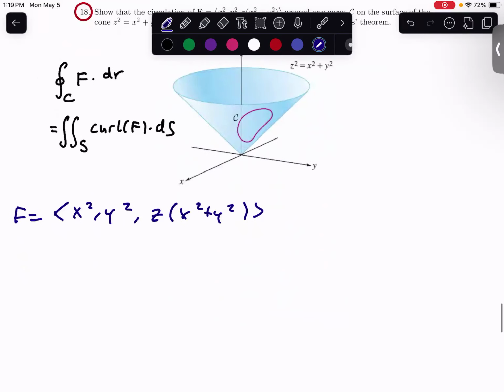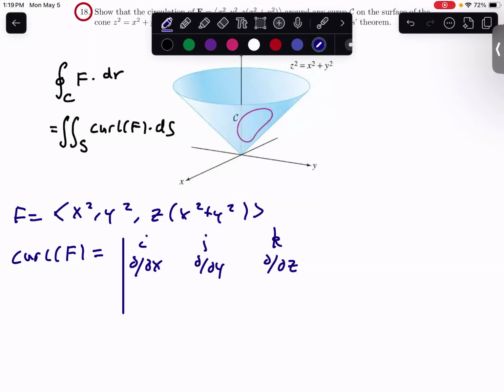If you compute the curl of F, that's going to be of interest to us if we want to use Stokes' theorem. The curl of F, as a reminder, is the following determinant. You do the partial with respect to x, partial with respect to y, and then partial with respect to z. And then this is going to be x squared, y squared, and then z times x squared plus y squared.